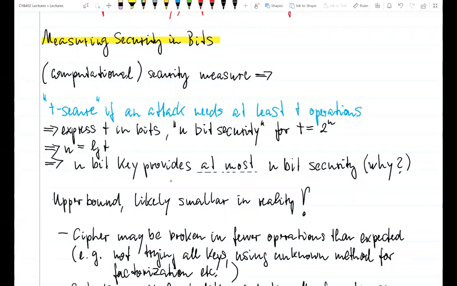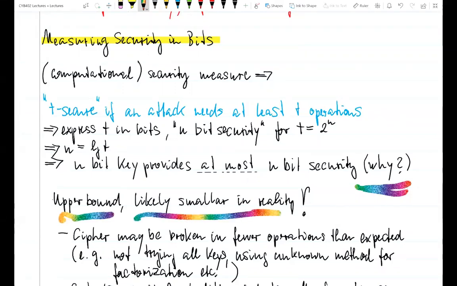So an n-bit key provides at most n-bit security. So the question is, why is that? If we have a key, for instance, of 1024 bits, that does not necessarily provide for 1024-bit security. And why is that an upper bound, but in reality, the security may be smaller?